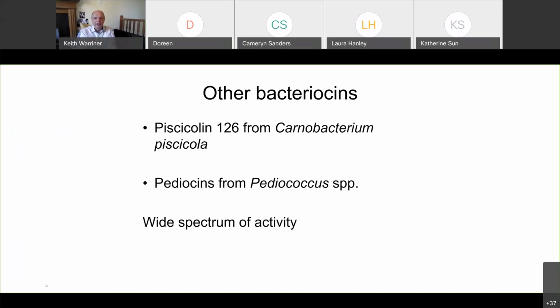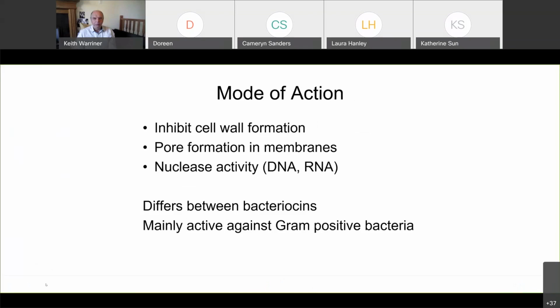Pediocins from Pediococcus. All these have a wide spectrum, and I always wonder, in this age of AI technology, why we couldn't artificially manufacture or synthesize a bacteriocin for our needs. But again, I don't know if there's a will to do that, or even if it's possible.